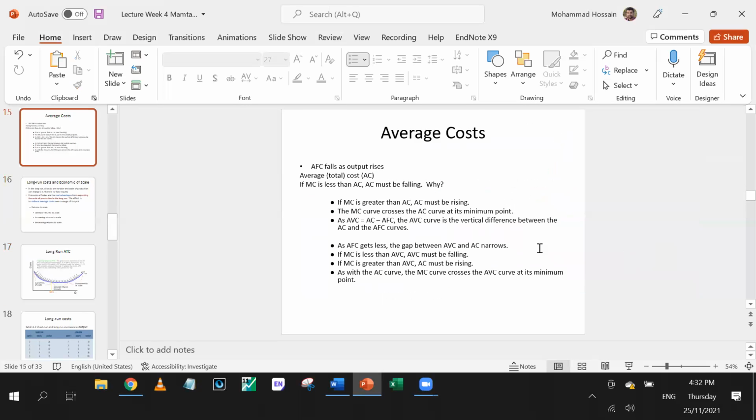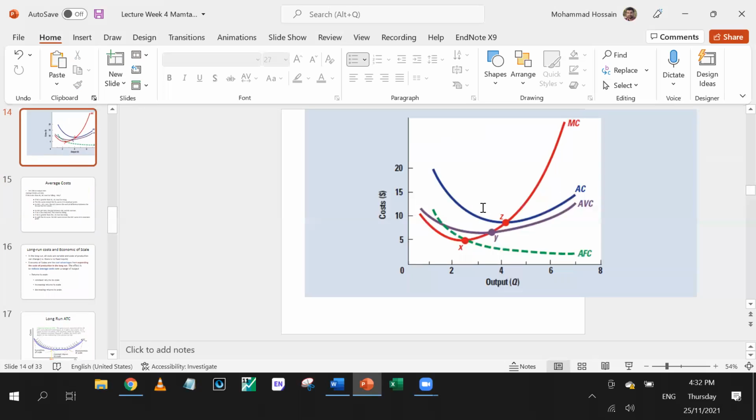All right. So as the marginal cost is greater than the average cost, average cost must be rising. So you see it here, after the crossover, marginal cost is higher than the average cost.